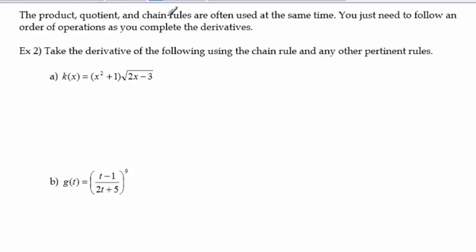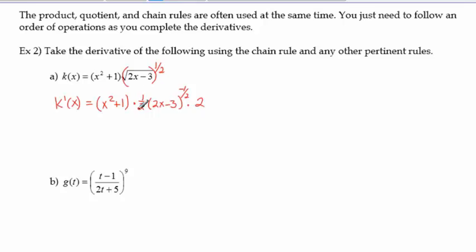So I am going to first do this one, x squared plus 1 times the square root of 2x minus 3, which I'm going to really think of as 2x minus 3 to the 1/2. So if I go to do the chain rule and I need the product rule, I'm going to do the first, x squared plus 1, times the derivative of the second. The derivative over here is a chain rule. Bring down the power, keep everything the same, reduce it by 1, and multiply by the derivative of the inside, 2.